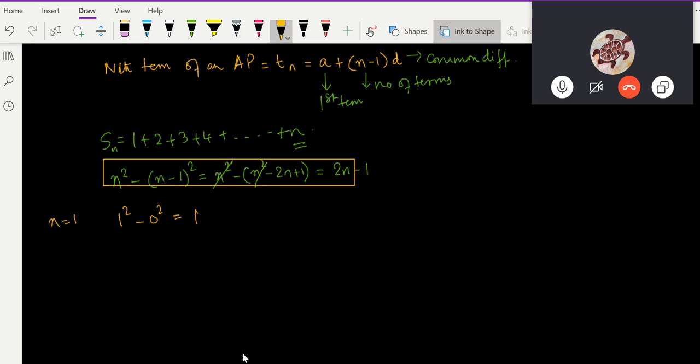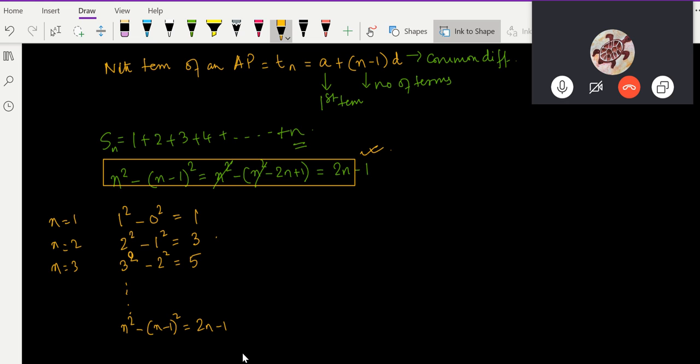I'm putting n equal to 2: 2 square minus 1 square is equal to 2 into 2 minus 1, which is 3. N equal to 3: I will get 3 square minus 2 square is equal to 5. And up to n square minus n minus 1 square is equal to 2n minus 1.